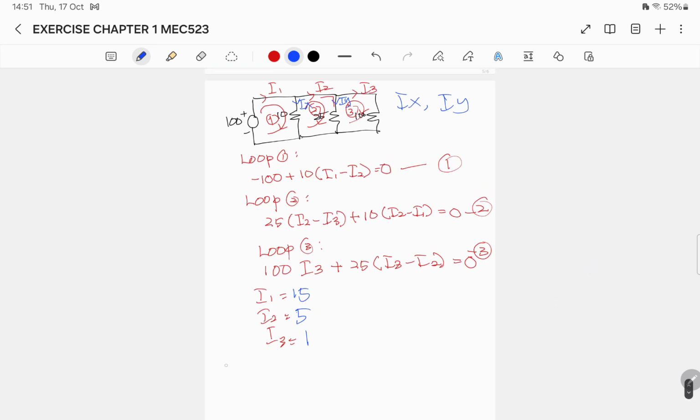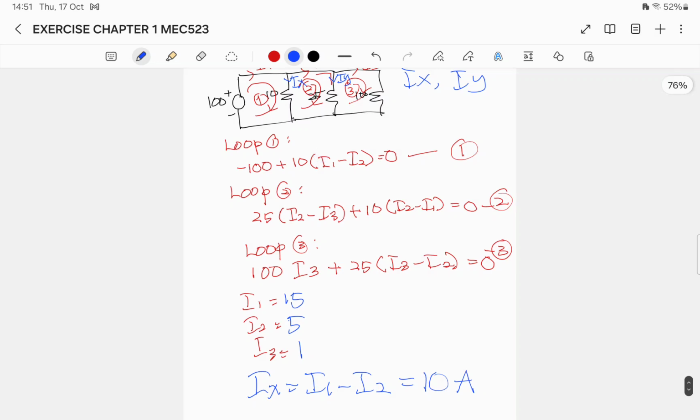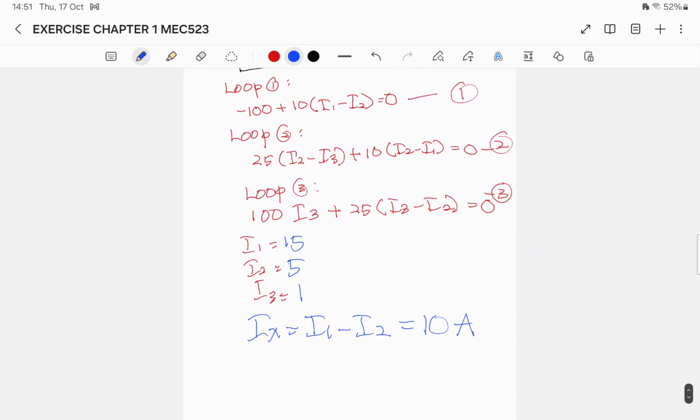Okay, IX is equals to I1 minus I2 equals to 10. Sebab IX kan dekat tengah ni. Oh, macam tu. For IY pula kita ambil I2 minus I3.